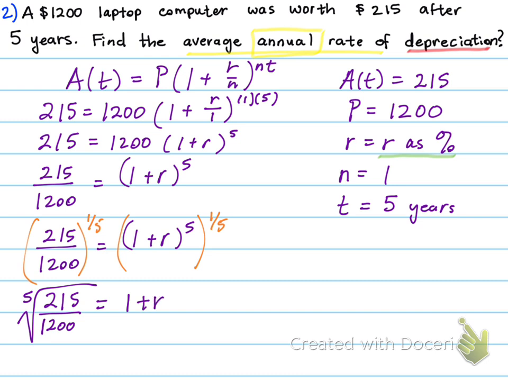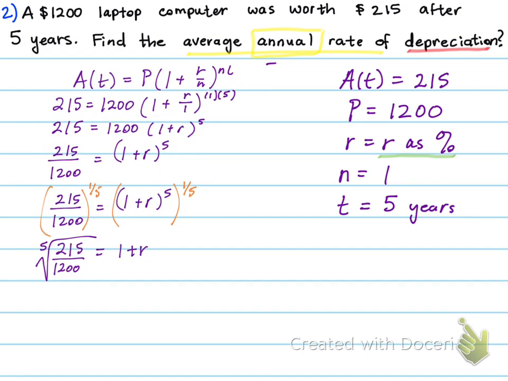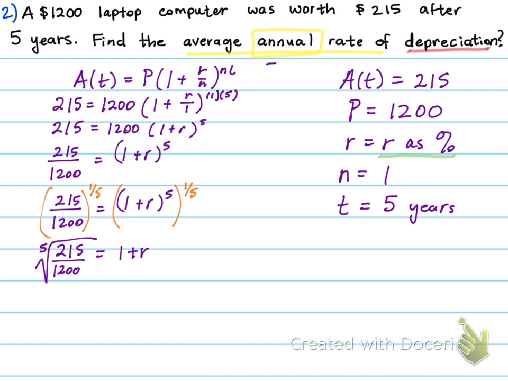But again, I need to get R by itself. So to get R by itself, I would then need to subtract 1 from both sides. So I have the 5th root of 215 divided by 1,200 minus 1 equals R. And from here, this is where you grab your calculator.